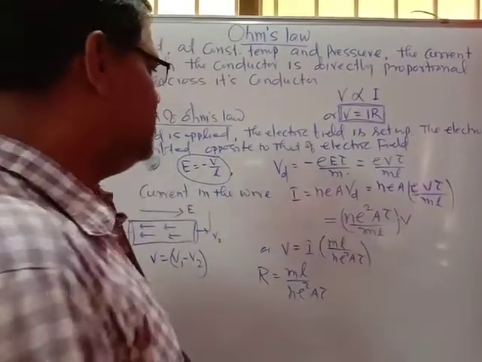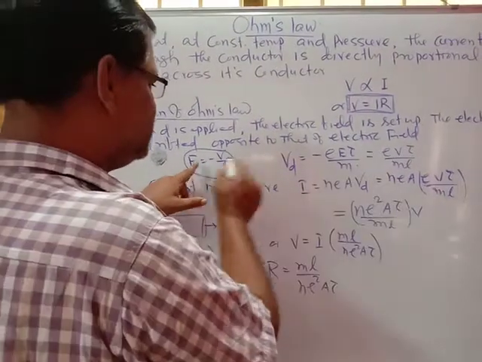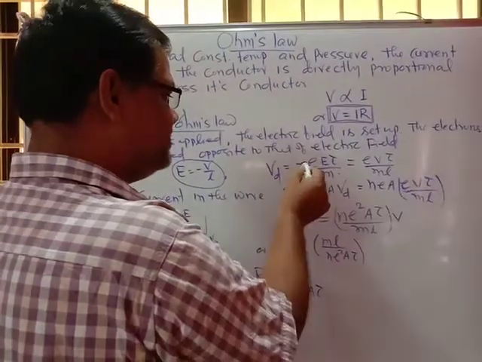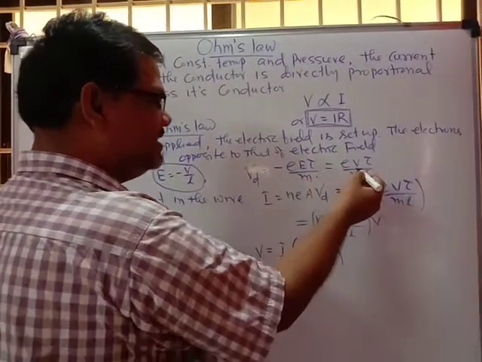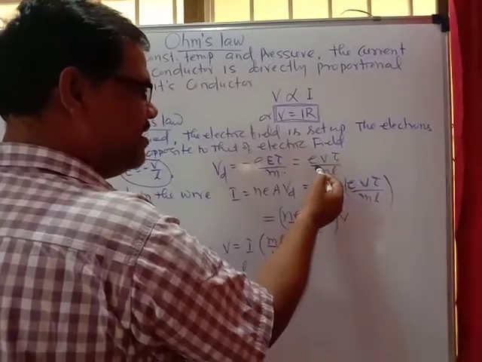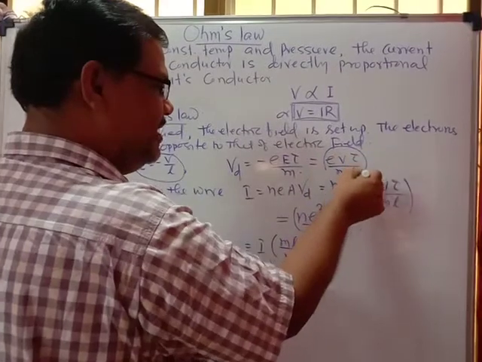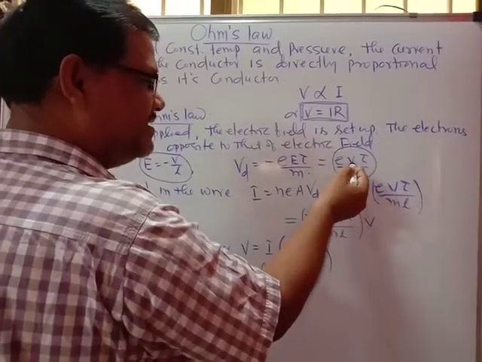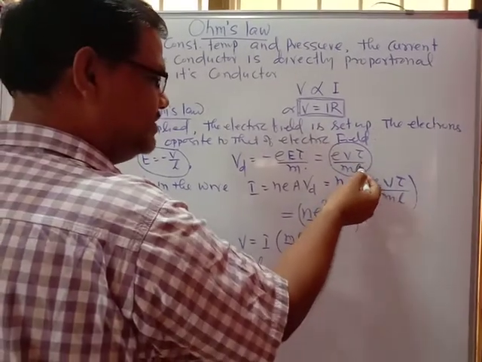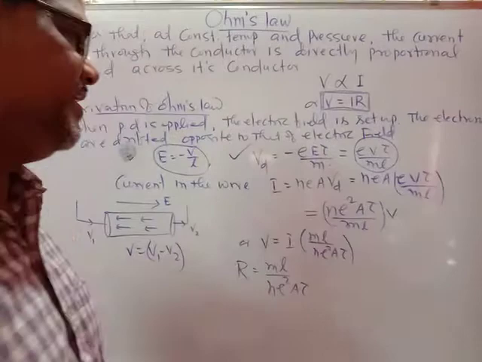If you put minus V by L in place of E, the minus minus becomes plus. So remaining is e V tau upon m L. That is the drift velocity of electrons, where V is the potential difference, tau the relaxation time, m the mass, and L the length of the conductor.